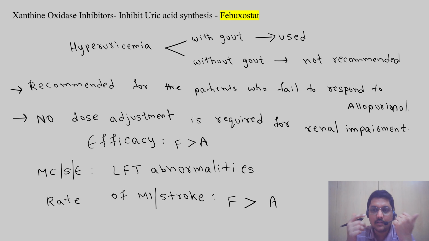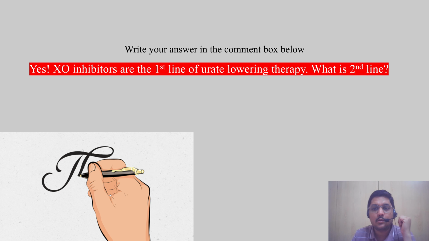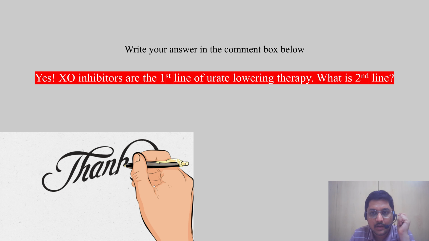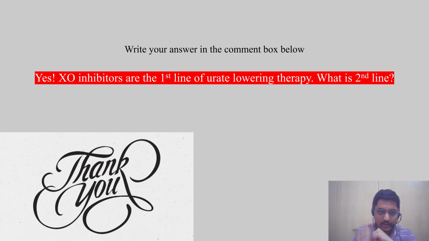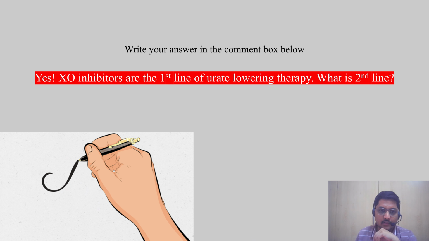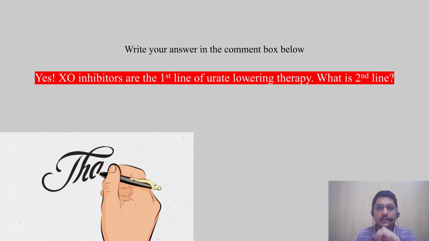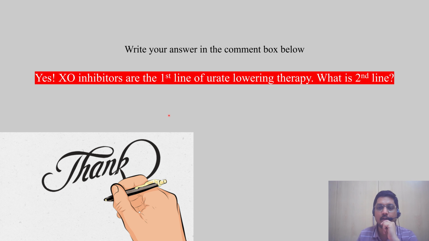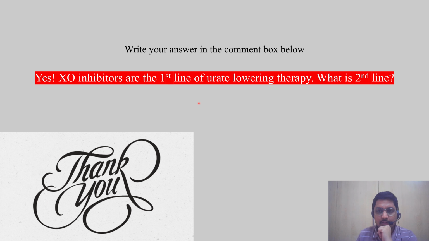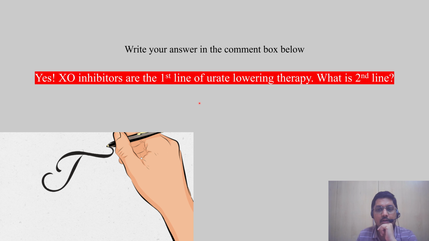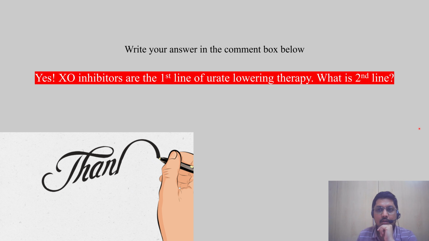We will discuss in the next video, right? So before going to the next video, I expect you can answer this question. Yes, we know, right? These xanthine oxidase inhibitors are the first line of uric acid lowering therapy. Okay, right? What is the second line to decrease the uric acid levels in the body? Okay, we are going to discuss in the next video, right?